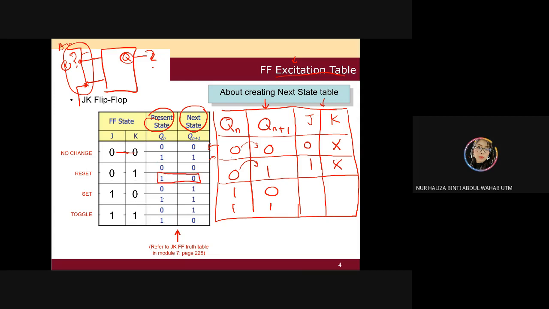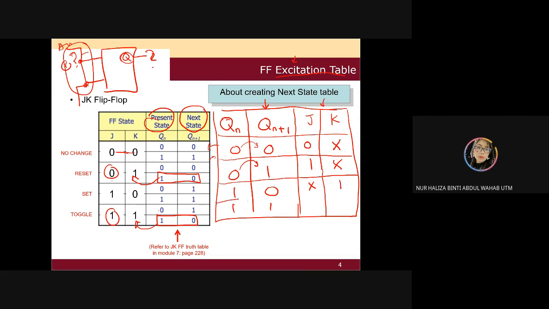These 2 conditions: J equal to 0, K equal to 1, and another one, J equal to 1, K equal to 1. So I can conclude that my J is X because sometimes it can be 0, sometimes it can be 1. And my K is always 1.